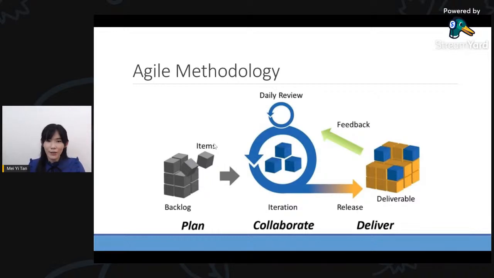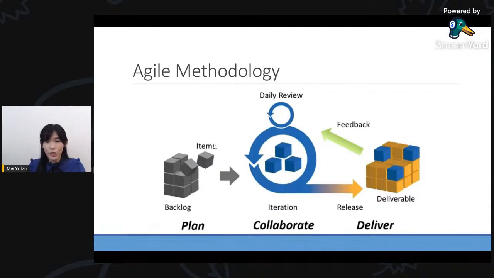The next thing you need to do is go back to your plan stage, which is the first stage. You need to prioritize. In Agile methods, you need to prioritize your items to see what you need to do: is the module that you haven't completed still important to complete by maybe next week or the next 2 weeks?